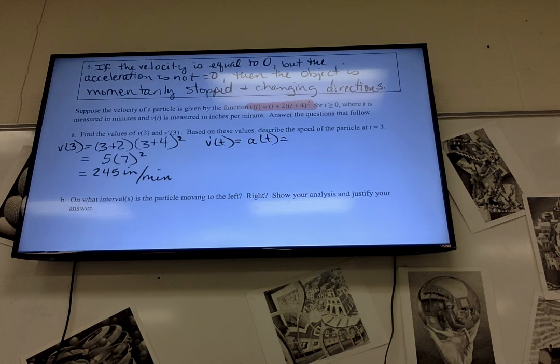So the derivative of the first is 1 times the second, because you got to do the product rule, plus the first times the derivative of the second, which would be 2 times t plus 4 to the first, and then times the derivative of what's inside, which is just 1. I could go ahead and simplify it, but I'm just going to plug in a number, so there's no real reason to.